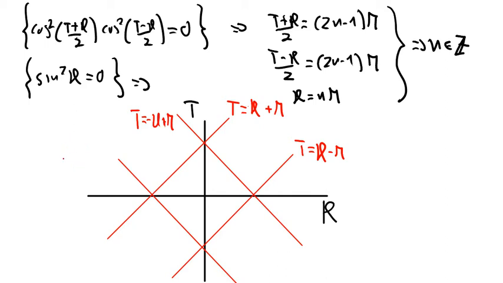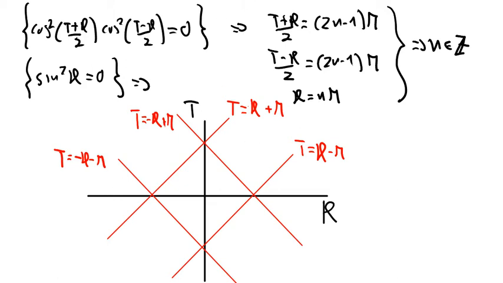Okay. So we have these lines which correspond to this set, and then of course we have these lines which are just vertical lines.